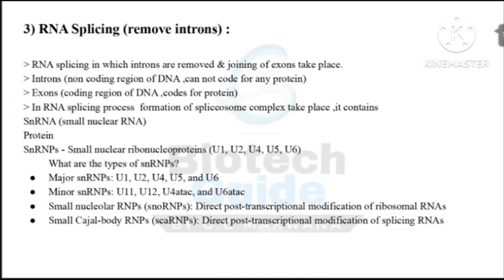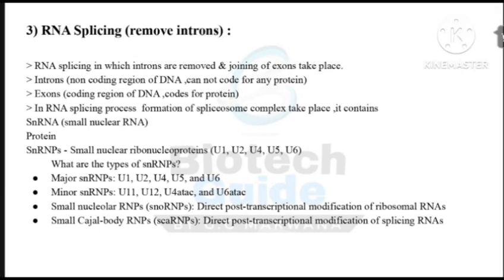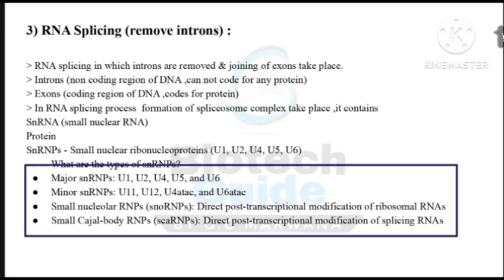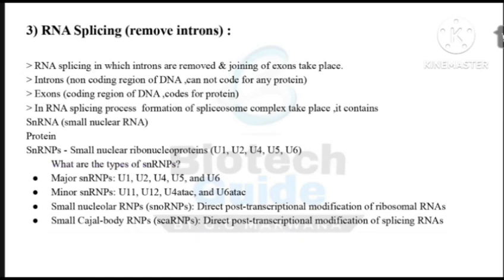The snRNPs play a major role in the cleavage and the joining of exons. These snRNPs are basically of four main types: major, minor, small nuclear and small Cajal body RNPs. For RNA splicing, or spliceosome complex formation, the major snRNPs are involved. These are U1, U2, U4, U5 and U6.